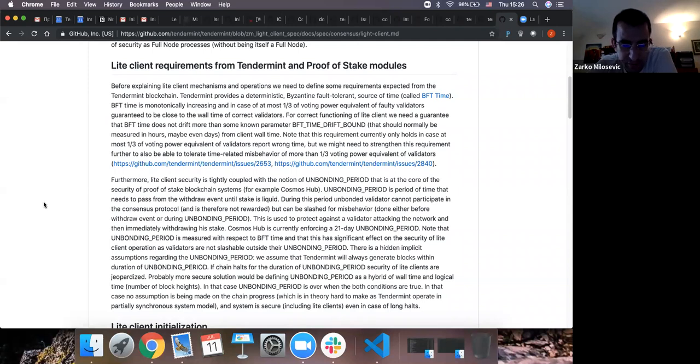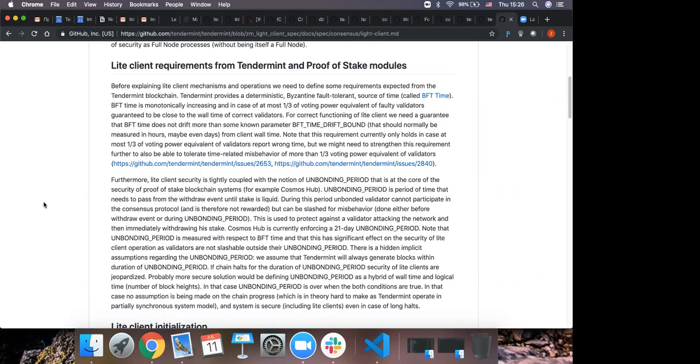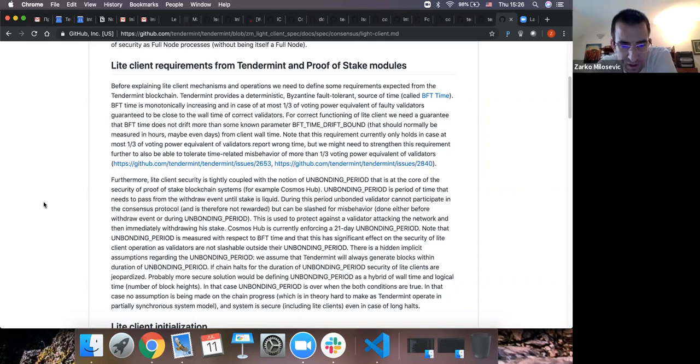Especially if you define the unbonding period in number of blocks as a function of the block execution time in the previous X blocks. This might give you a possibility. So in an asynchronous system, having any sort of synchronous assumption seems fundamentally wrong.